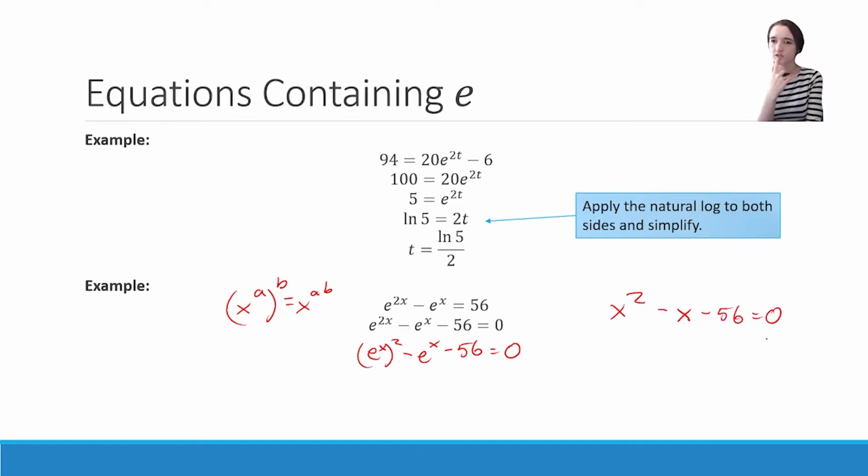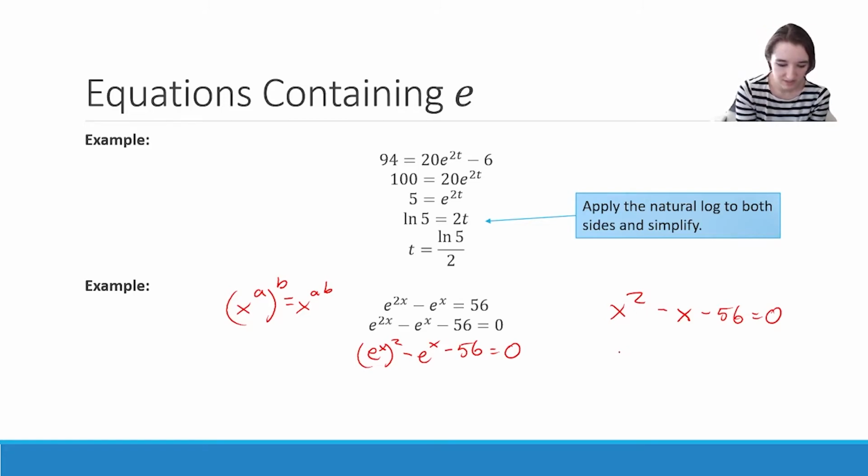So maybe I can use some things I know about when I have a square, then the first power version, and then a constant. That's looking very similar to our x squared minus x minus 56, right? Instead of x, I'm just going to use a different letter real quick.